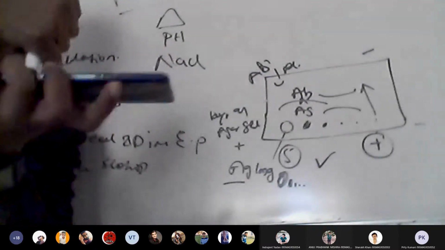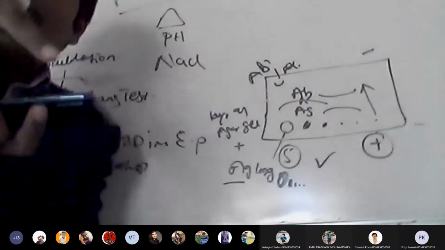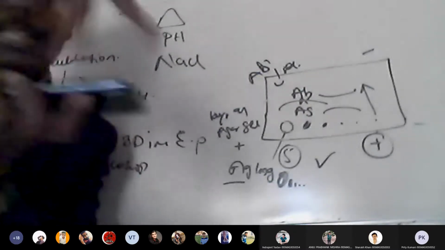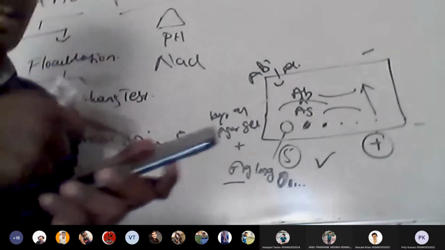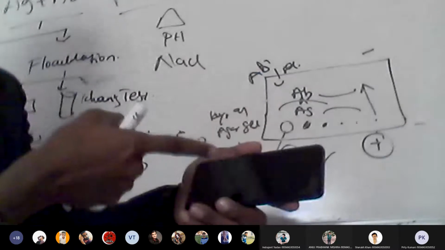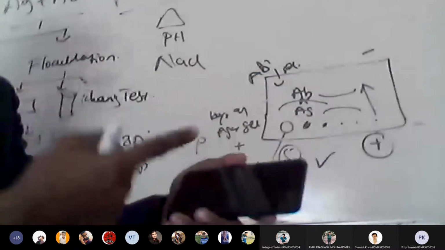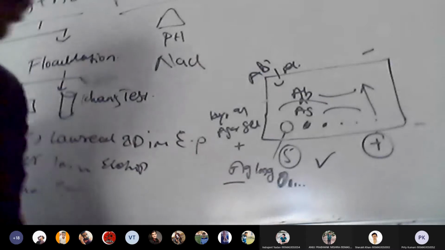Then I will add antibodies to the sample. Then I will switch the electricity to the other direction, and bind them. Then I will get reactions. Depending upon the reactions, I can say what type of antigens and antibodies are there. So this is all about Laurell two-dimensional electrophoresis.